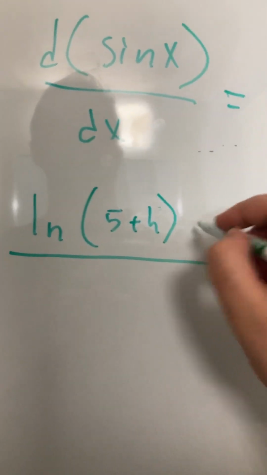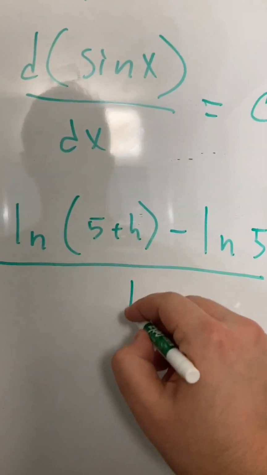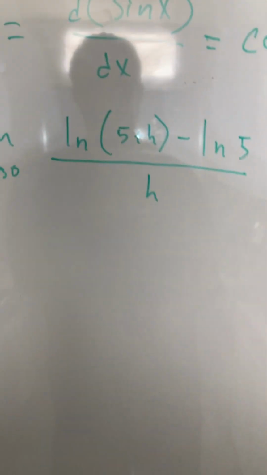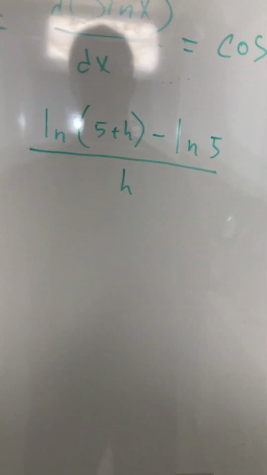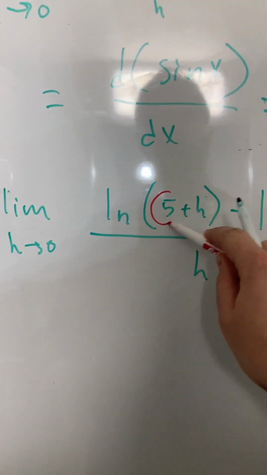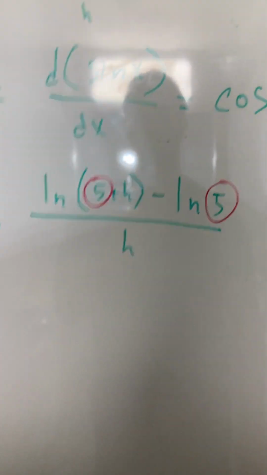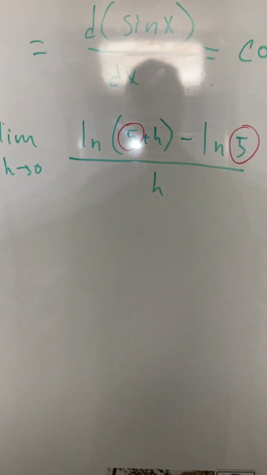Let's do natural log of 5 plus h minus natural log of 5, over h. Now, you're going to say, Mr. Sunny, there's no x here. This is still a derivative problem. Just look, I've got this 5 and this 5. Those are what I'm calling the conspicuous numbers, the numbers that really stick out.